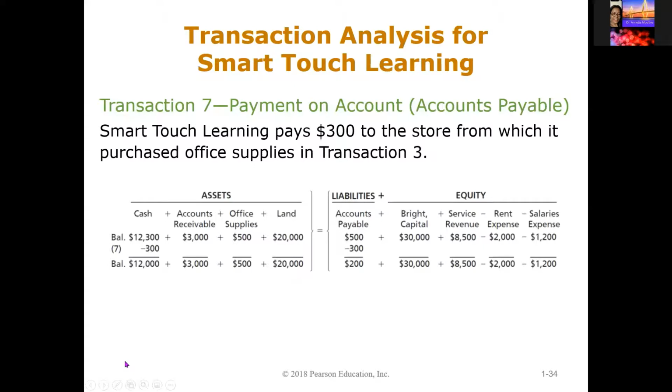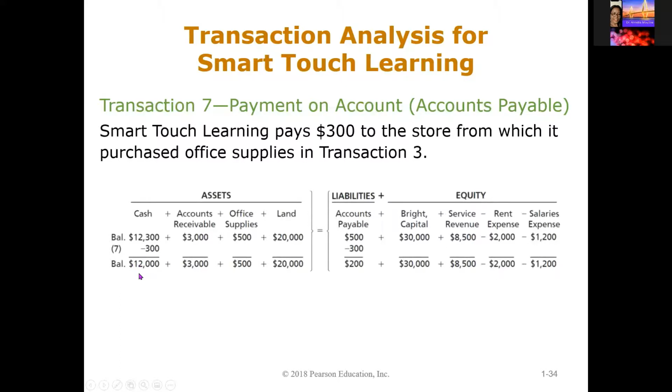Because the company is paying a portion of it, which is $300, it's going to reduce cash. It's reducing the amount that Smart Touch Learning owes to the supplier.